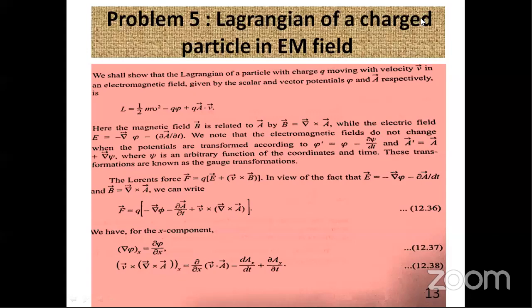That is your A. Also, one can show that the electrostatic field E is negative gradient of the scalar potential, but the electric field per se will be E equals minus gradient of the scalar potential minus the time derivative of the vector potential. So these are well known.